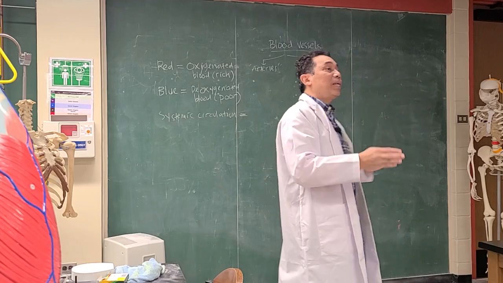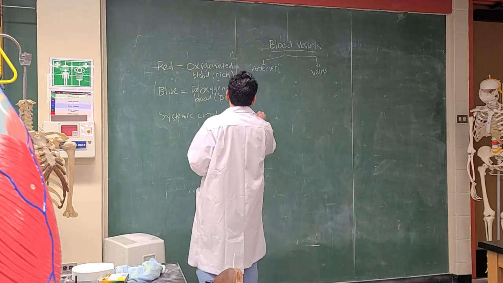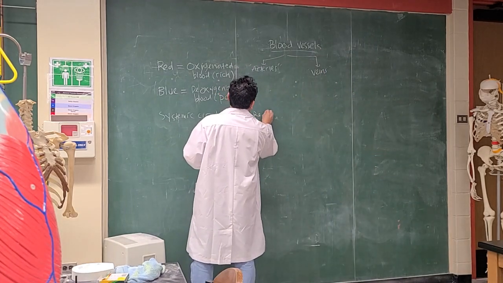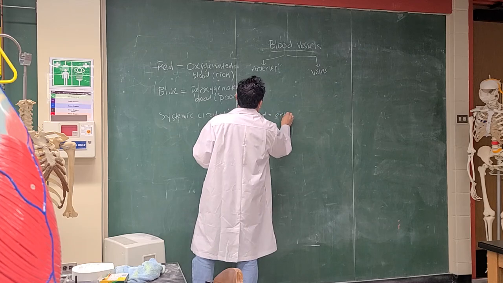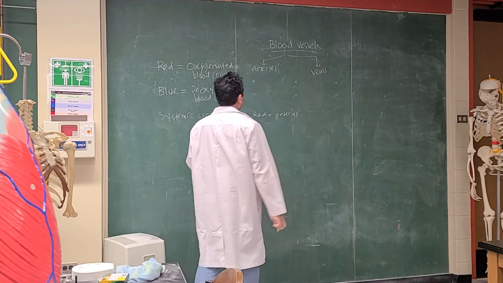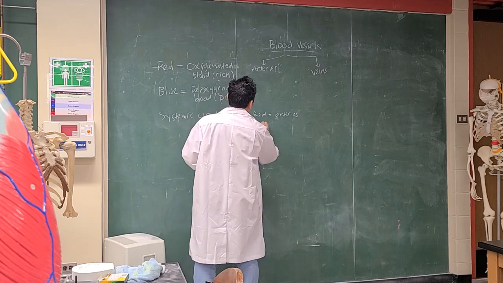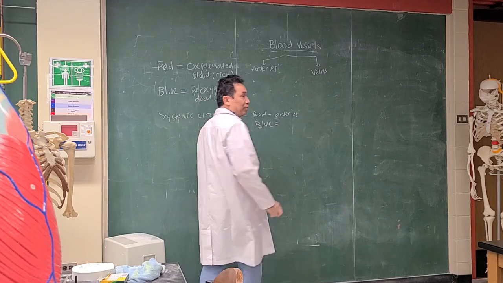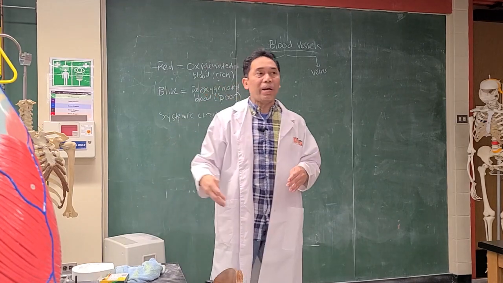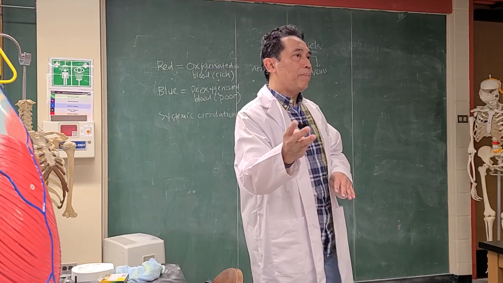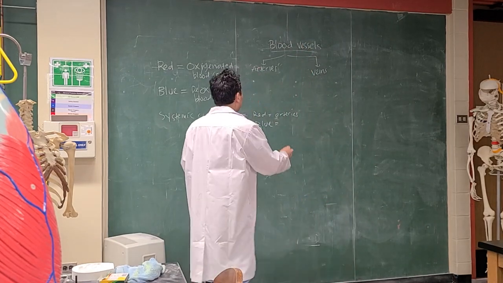The artery will be red. In the systemic, red means artery. Then blue is the blood vessel that carries poor blood from the tissue back to the heart. It's going to be veins.